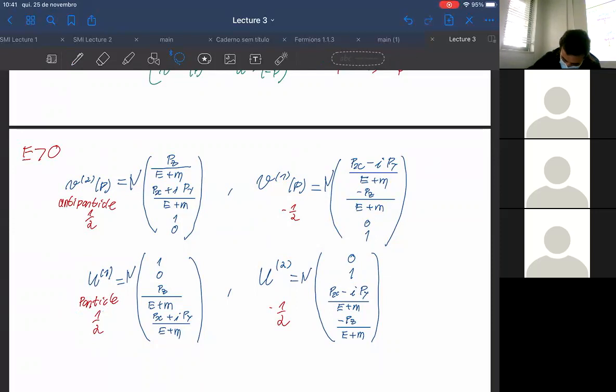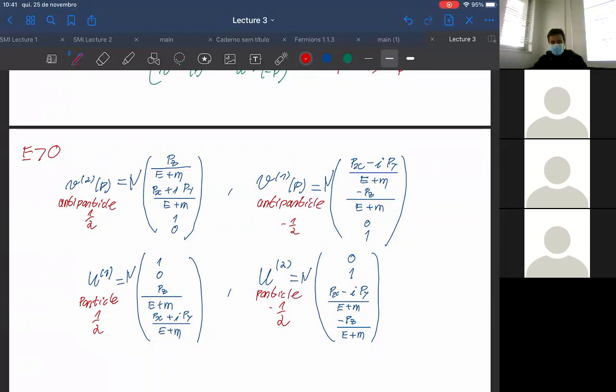This is again antiparticle. Let me put the spin further over so that I have space to write antiparticle. And this is a particle solution. So you no longer have any degeneracy here. Either you have antiparticle with spin 1/2 or particle with spin 1/2, or antiparticle with spin minus 1/2 or particle with spin minus 1/2. So there is no degeneracy here.